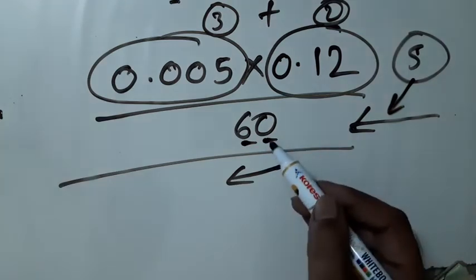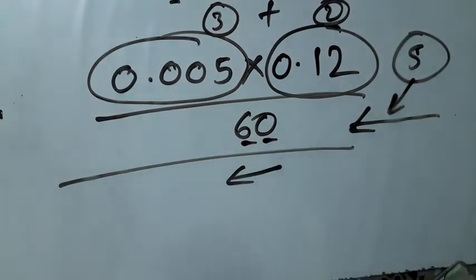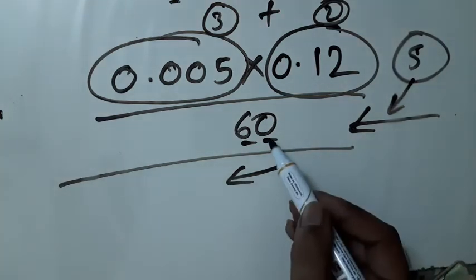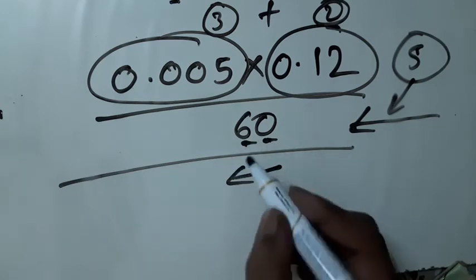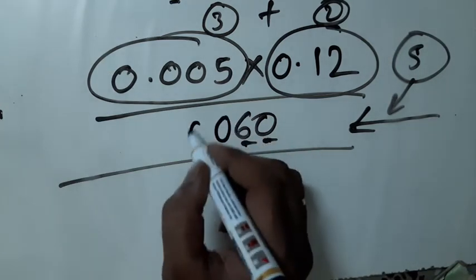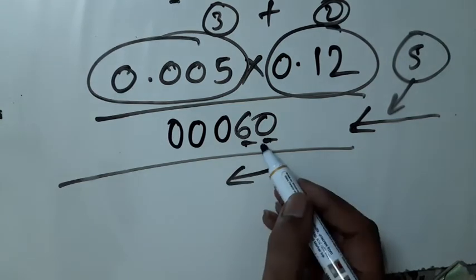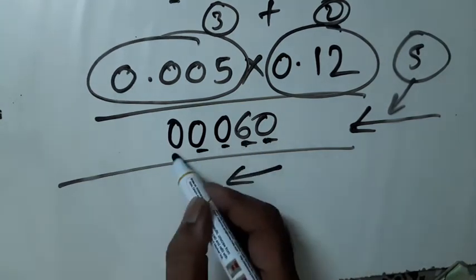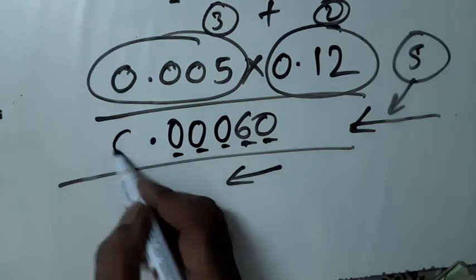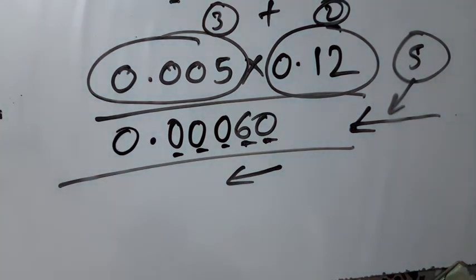So we can put 3 zeros. It becomes 1, 2, 3, 4, 5 and put the point. So it becomes 0.00060. This is the product of a decimal number by another decimal number.